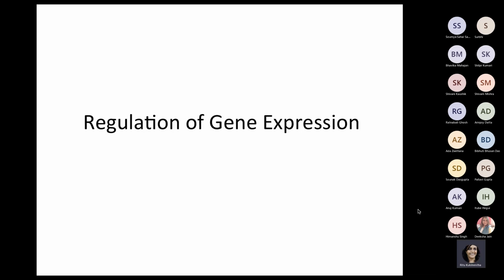Okay. So next, many times I would want to know, for example, I see that, let's say, in normal versus cancer condition, there is very high expression of any gene that I'm interested in, let's say some growth factor receptor, EGFR. So I see that it is very highly expressed there.